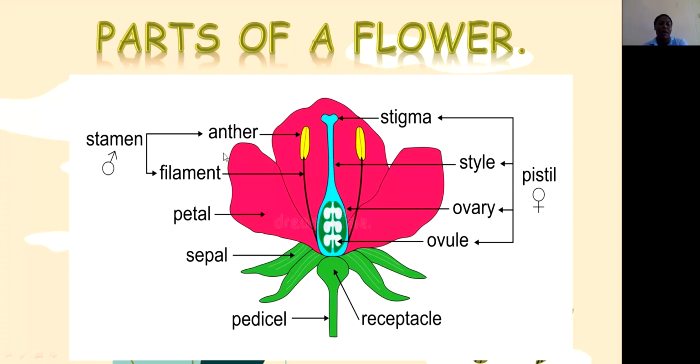Look at my flower and tell me the male parts of a flower. If you answer that question, you raise up your hand, and then we end our lesson. There are 2 male parts of a flower there. Can you tell me their names?